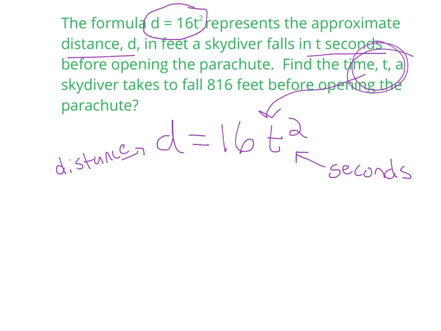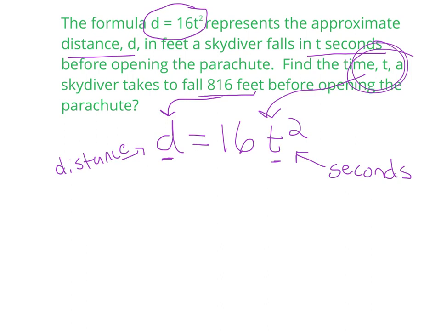So find the time a skydiver takes to fall 816 feet, that's distance, before opening the parachute. Alright, so you jump out of an airplane, and we have to figure out, you're going to fall 816 feet. We have to figure out, how much time does that take?